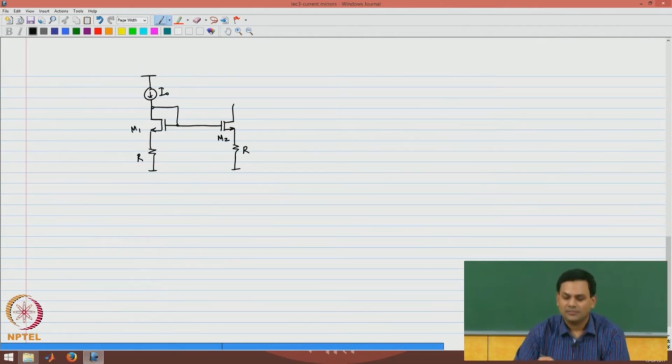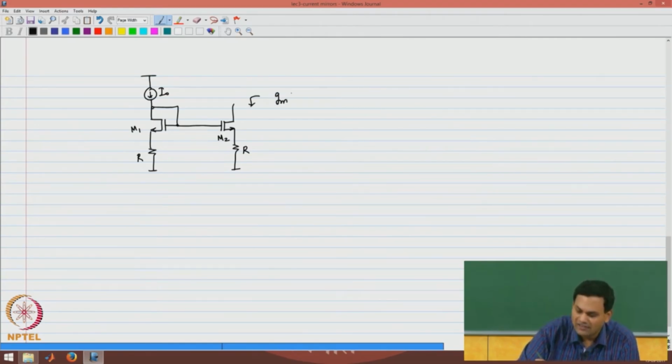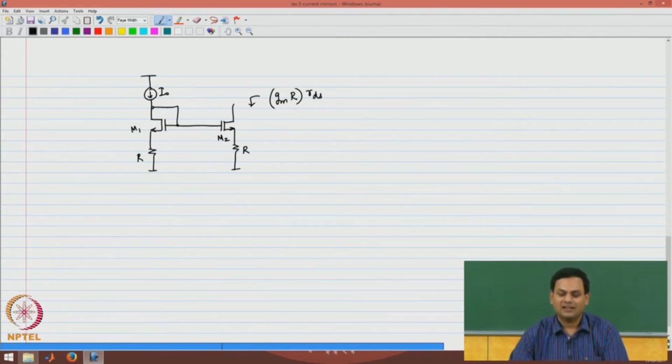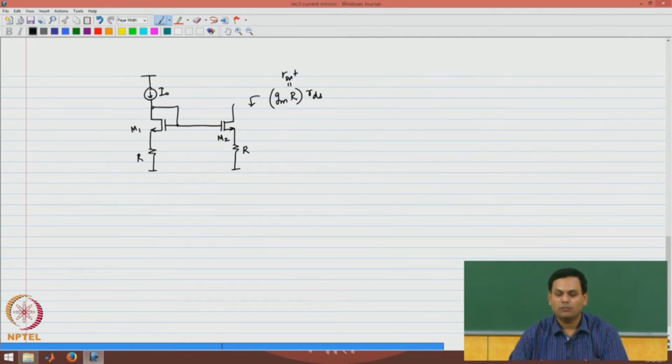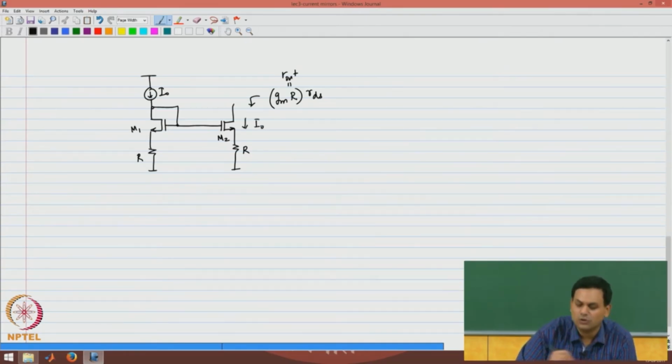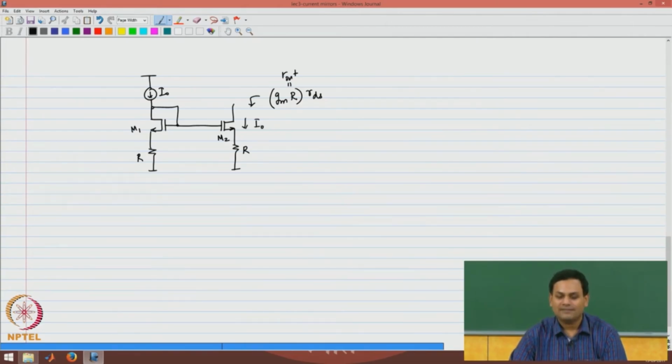If I do this, earlier the resistance was RDS, now I am going to write it in terms of the earlier resistance. I will get an output resistance which is equal to GM R times RDS, which hopefully will be larger than RDS itself. So, now I have managed to create a current source. Remember that this current is also I naught. I have managed to create a current source which will have a much larger output resistance.